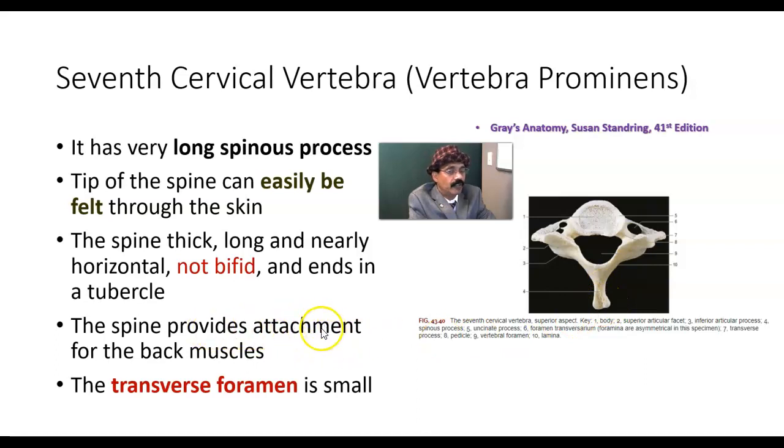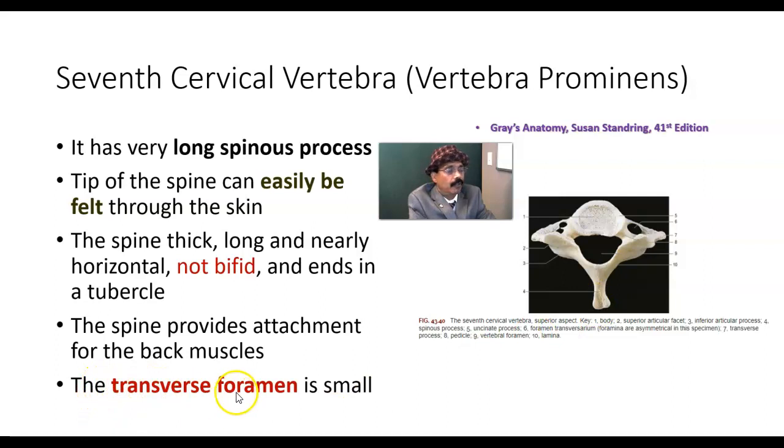The spine provides attachment for many back muscles, like the trapezius muscle, the levator scapulae muscle, the rhomboid minor muscle, and many other muscles. And it is also a site of attachment of the ligamentum nuchae.